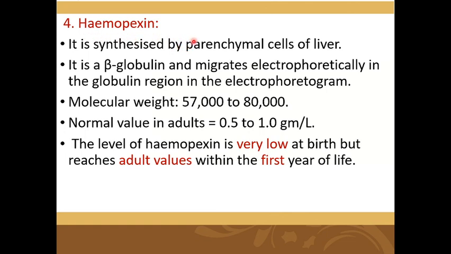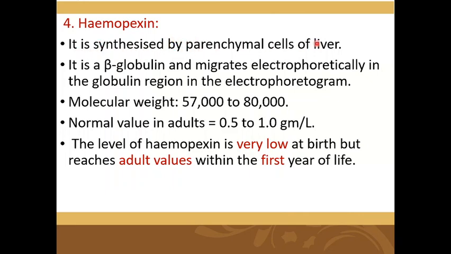Hemopexin. What is hemopexin? It is synthesized after C-reactive protein. We come to hemopexin. So first was the ceruloplasmin, then the transferrin, then the haptoglobin, and now we are with the hemopexin. You can see the list, I have given 1, 2, 3, 4.